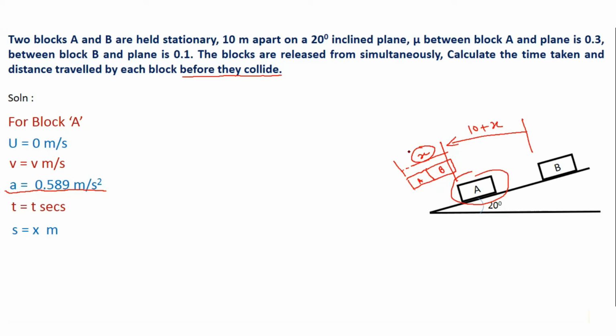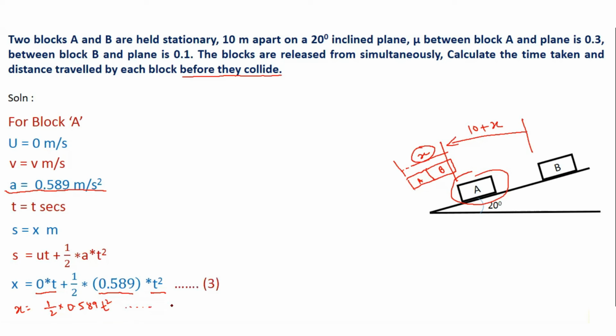So using the equation of motion s = ut + half at square, I will substitute the values from above. So I will get x = 0 into t plus half into acceleration into t square. On solving this, I will get x = half into 0.589 t square, and let us say this is equation number 3.